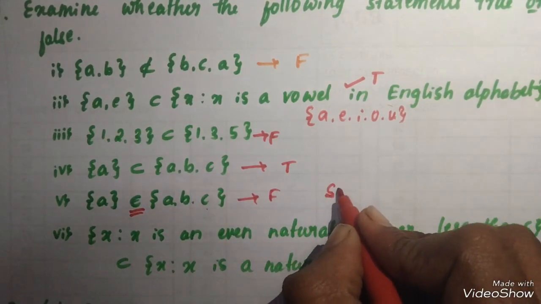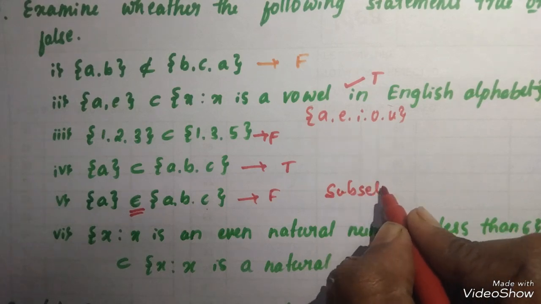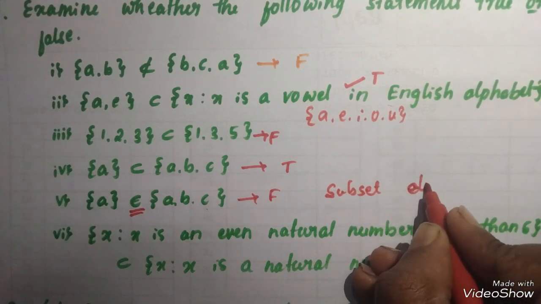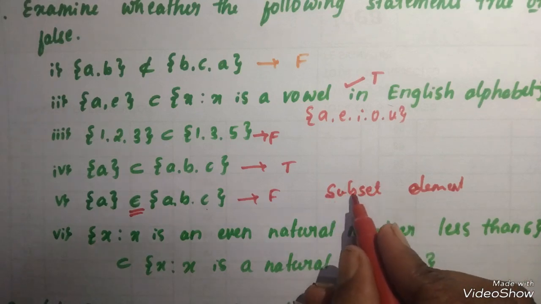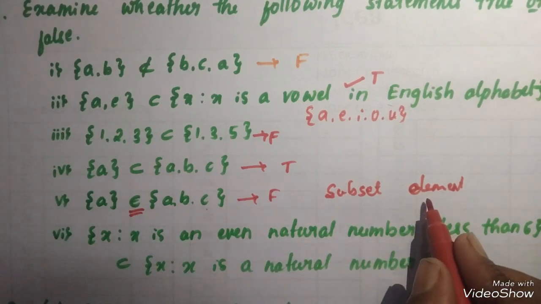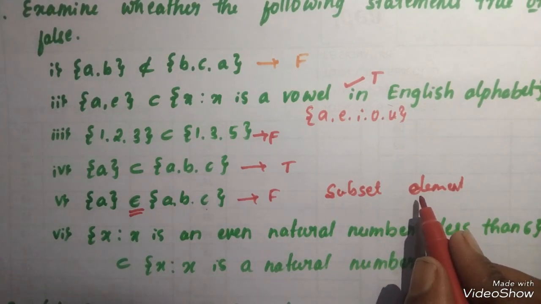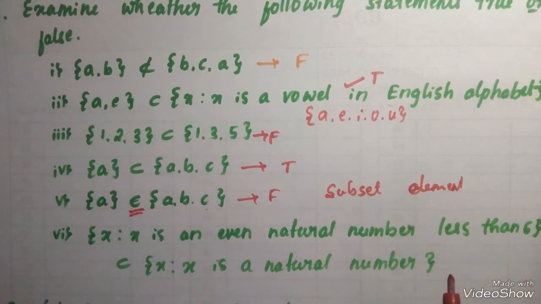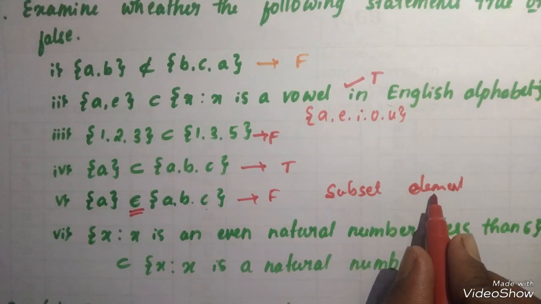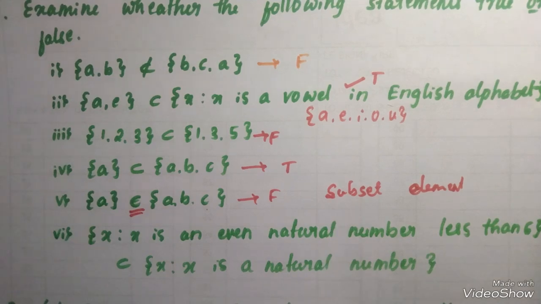Subset is different as well as element is different. Subset means we create another set. An element is an object which is present in that set. Therefore elements and subsets are different.